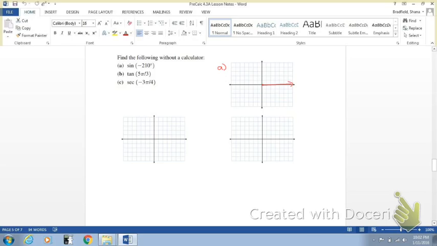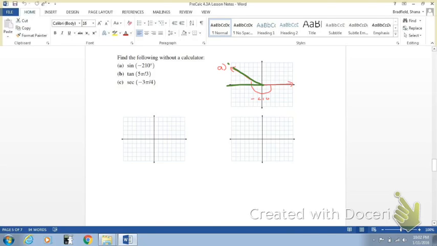Initial side is on the positive x-axis. And this is negative 210, so I have to go clockwise. I'm going to go past 180 and I'm going to go an extra 30 degrees here. And that's negative 210.